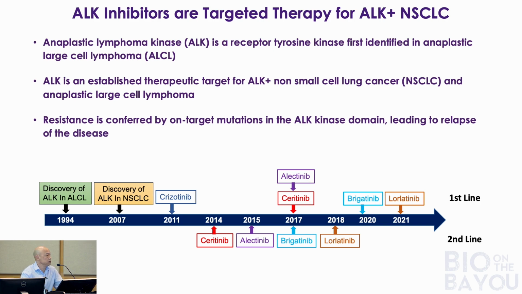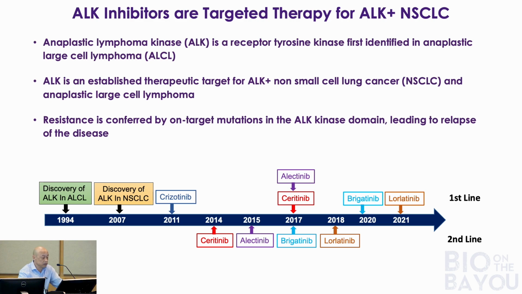But resistance soon develops within a year, largely due to on-target mutations, because the mutation on the kinase binding domain would render the inhibitor less effective, unable to bind effectively. And so we spent the next 10 years developing second generation and third generation ALK inhibitors like ceritinib, alectinib. These are all approved by FDA. So there's a total of 5.